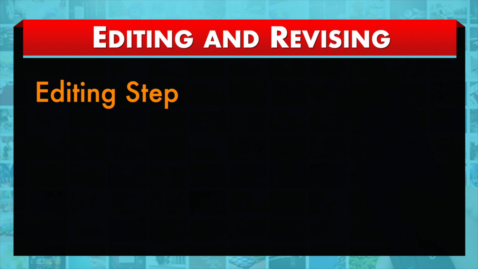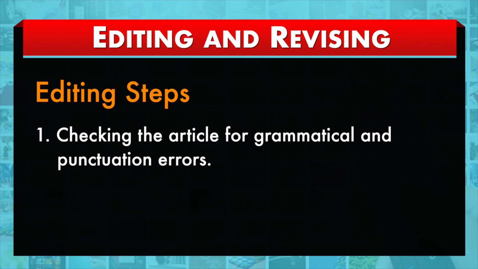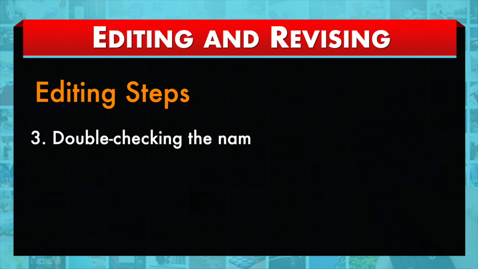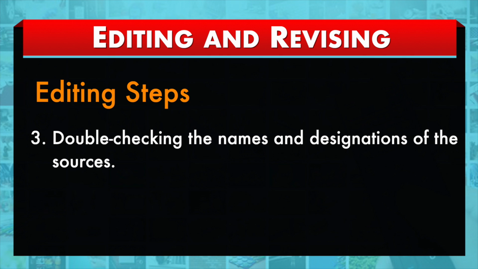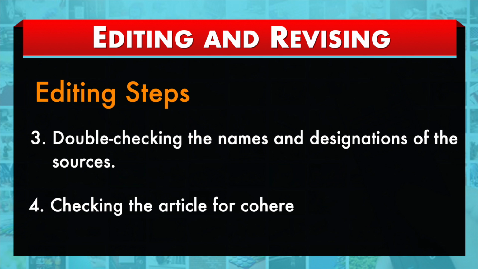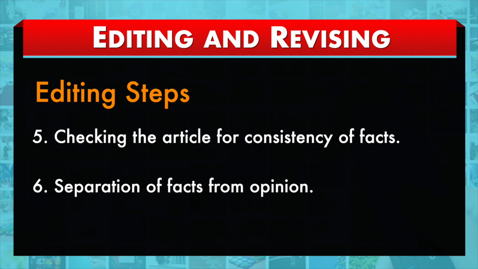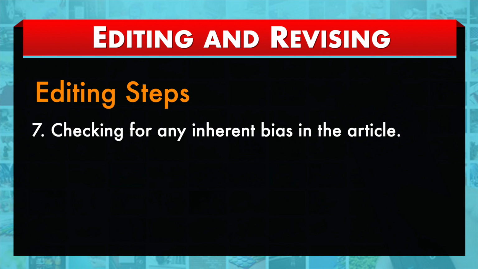Thus, some of the important steps undertaken in this stage are checking the article for grammatical and punctuation errors, making your article comply with the style sheet of the organization, double-checking the names and designations of the sources, checking the article for coherence and clarity, checking the article for consistency of facts, separation of facts from opinion, checking for any inherent bias in the article.